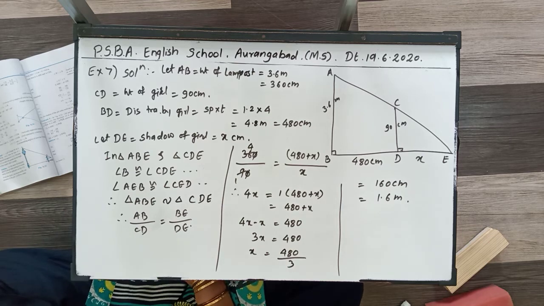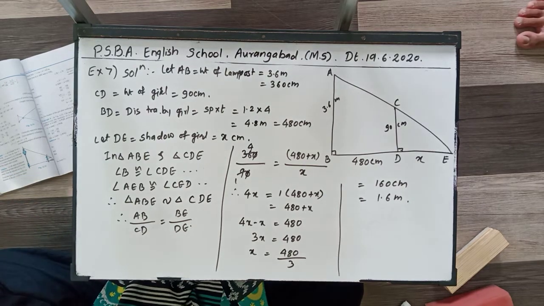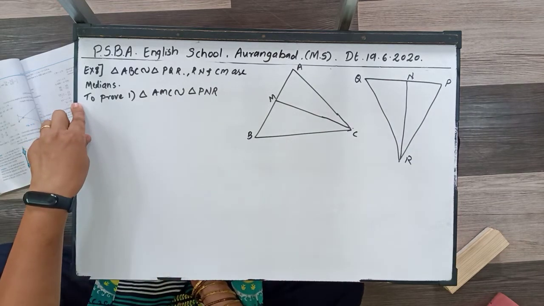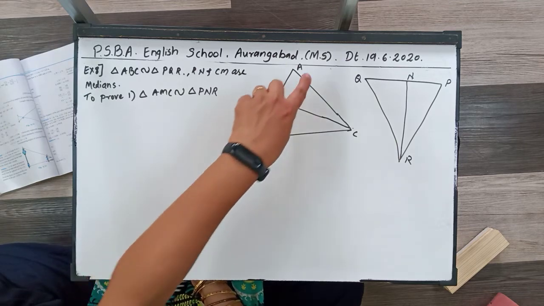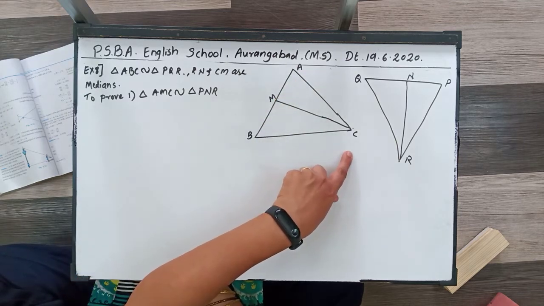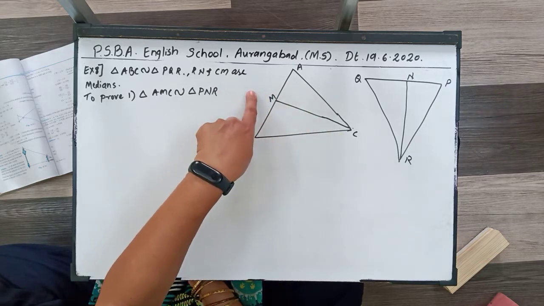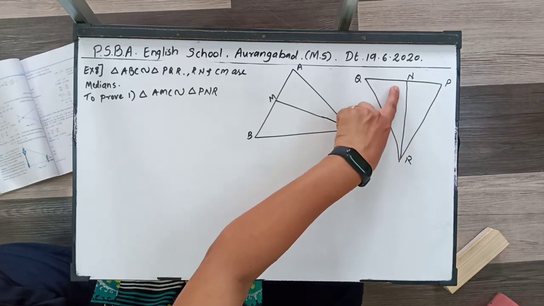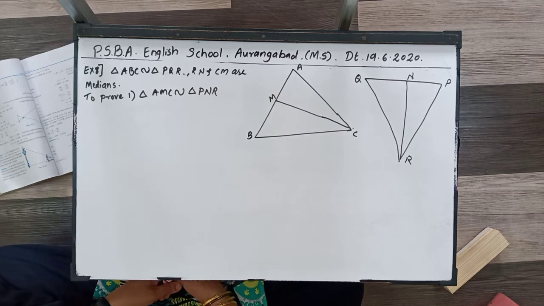Now today we are going to start with example 8. Now children, we are starting with example 8. In example 8, it is said that triangle ABC is similar with triangle PQR. Now CM is the median for triangle ABC. RN is the median for PQR. Now children, what is the meaning of median?